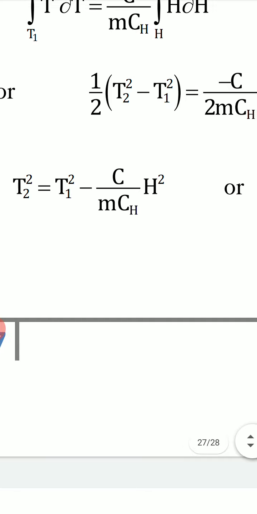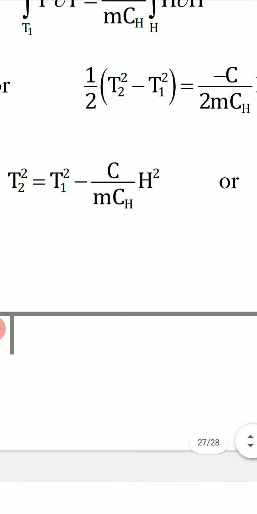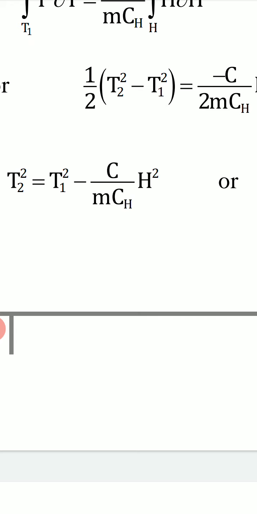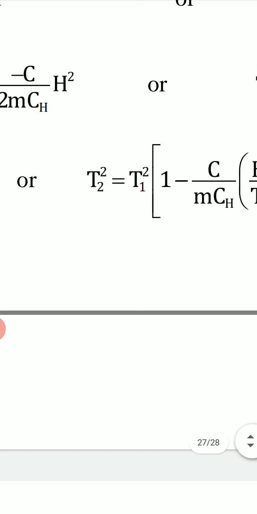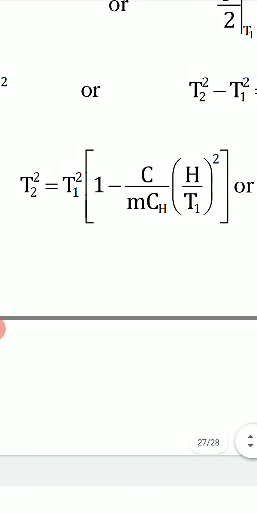On the right hand side, we take T1 square common. However, it is not common in both the terms, but we take common T1 square. So it will become T2 square equal to T1 square into 1 minus C upon m C_H, H square upon T1 square.